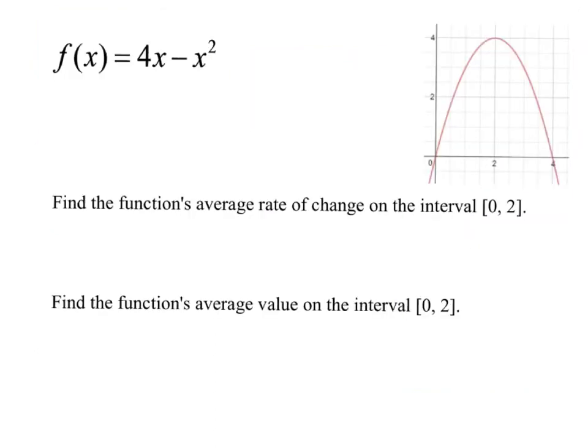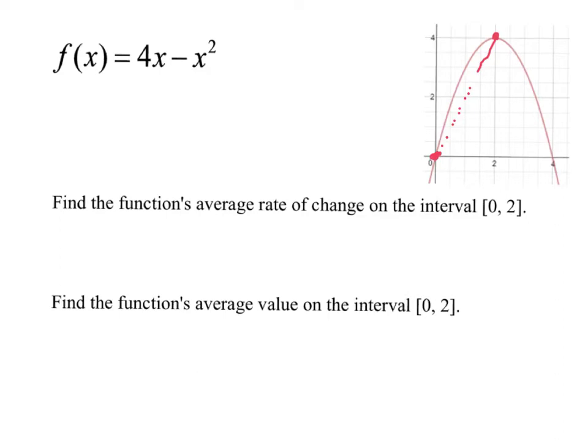Okay, so for this, we're going to find the function's average rate of change. Now, we've done this, and I know you've done this a number of times, but I just want to remind you, average rate of change means you're finding the y value at 0, the y value at 2, and you are simply finding the slope of the secant line.